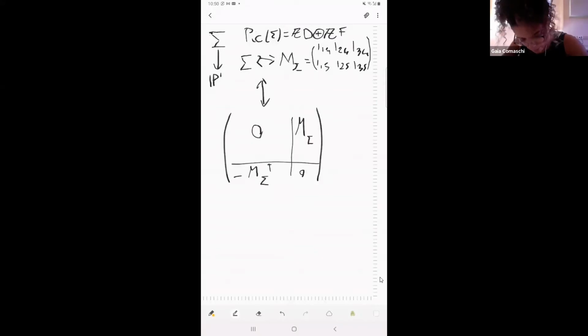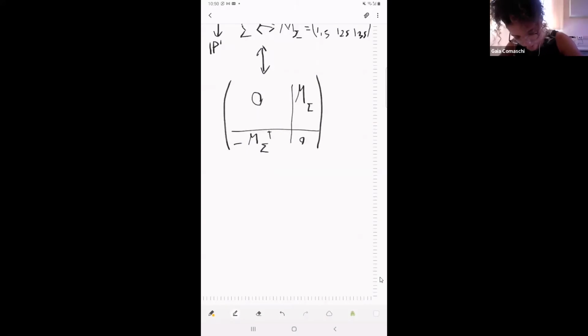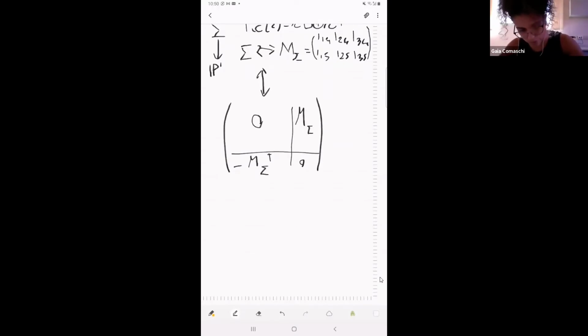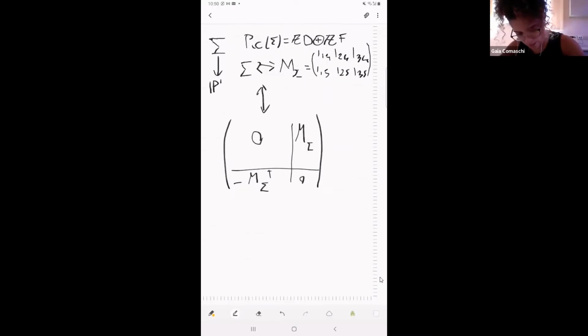So the scroll will be the locus where the matrix M sigma has rank 1. And we can see that here we have two tuples of linear forms that will define the generators of the pencil of lines in the rulings. So I will call them L5 and L4.